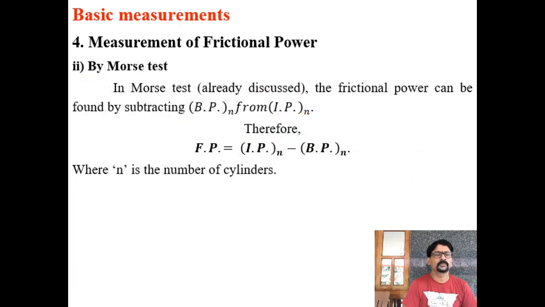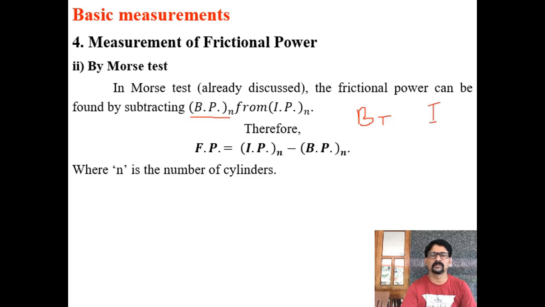One more way to measure the friction power is by the Morse test. I am not elaborating on the Morse test here. In the Morse test, you calculate the total brake power and also the total indicated power. Suppose the total brake power of the N cylinders is given as BT, because in that explanation I told you about BT, and the total indicated power I told you about as IT.